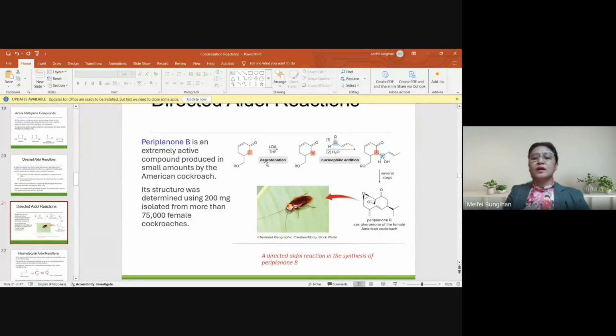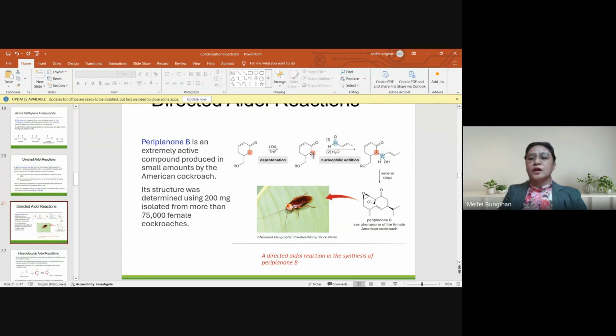Now, the protonation of your carbonyl, your alpha hydrogen here, with LDA, which is your base here, will form your enolate.